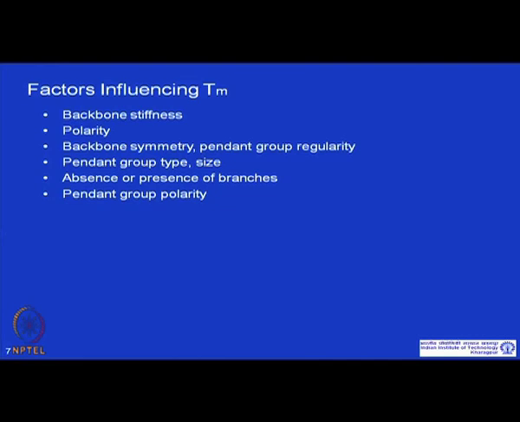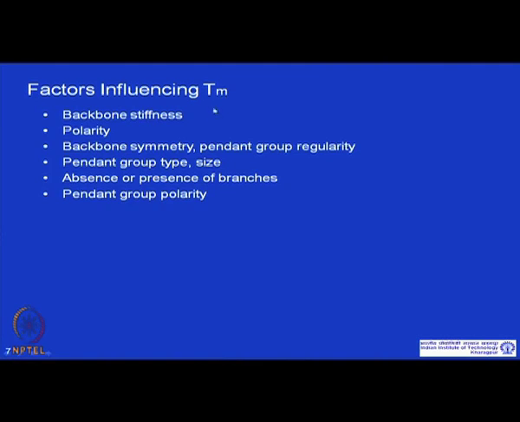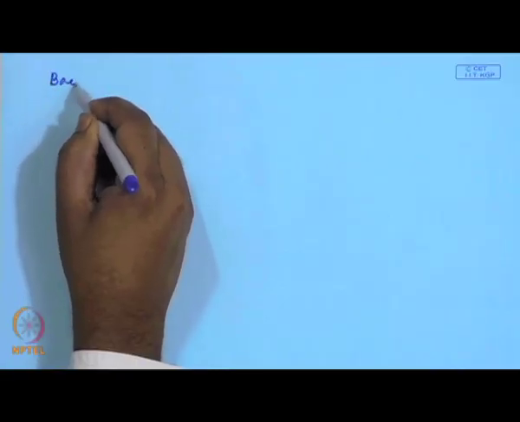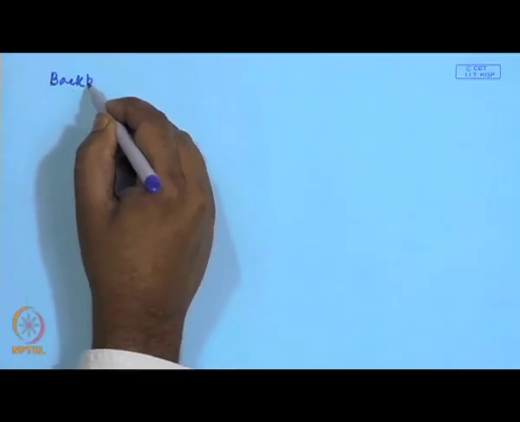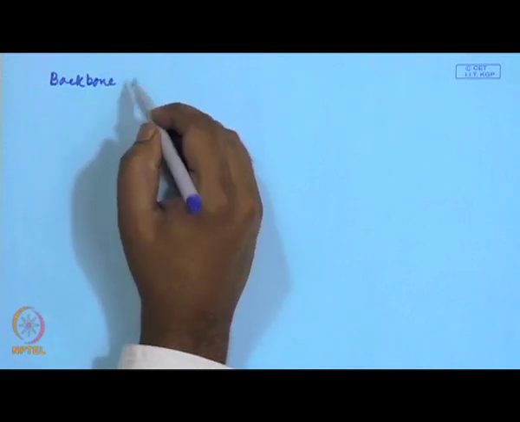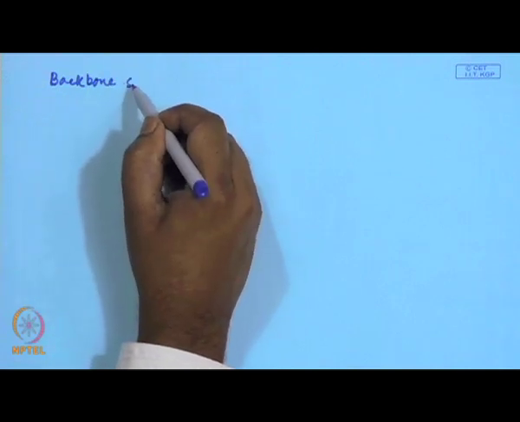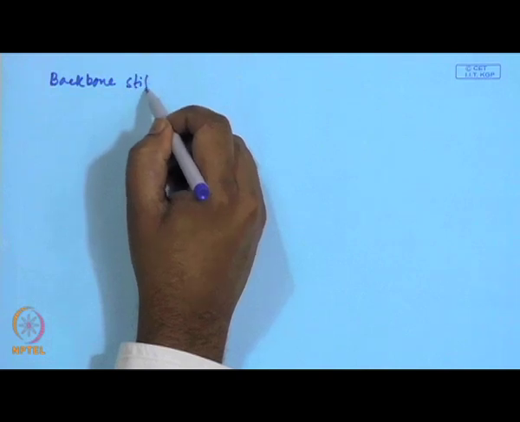So, if you look at the chain microstructure or chemical structure, what are the factors which will affect the value of Tm? Obviously, we discussed backbone stiffness. Now, I will give a few examples so that we can verify this concept.